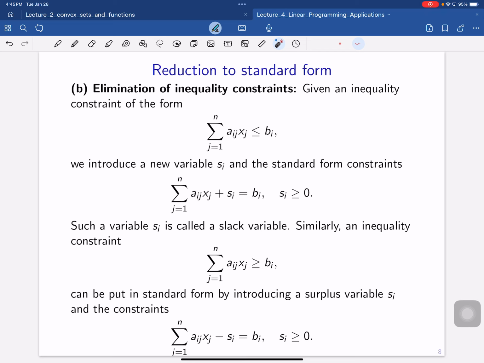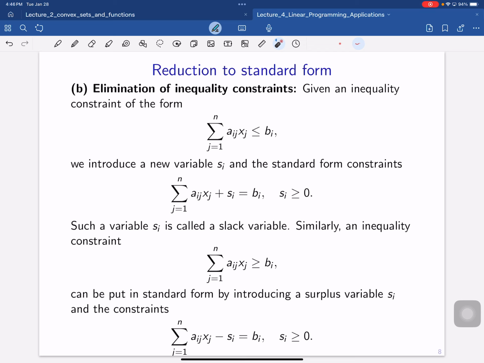The reason is that si is a variable that describes how much slack you have on this inequality. The difference between bi and the left-hand side is greater than or equal to 0, but how much greater? You can have a variable si to describe the difference. What we do know is that si has to be greater than or equal to 0.